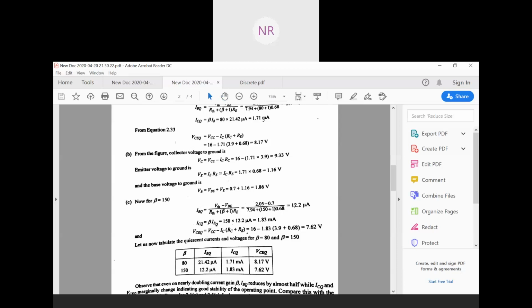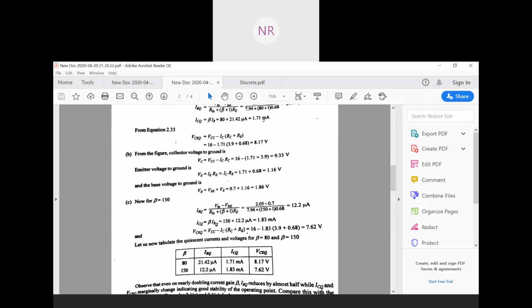You will get the IBQ value: here 21.42 micro, but for beta 150 you get 12.2 micro, ICQ as 1.83 and VCQ as 7.62. The table is created over here, comparing the two beta values and the various parameters we have got. For beta equals 80, IBQ is 21.42 micro, and for beta equals 150, 12.2 micro.